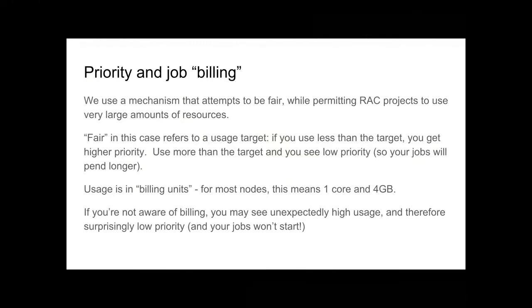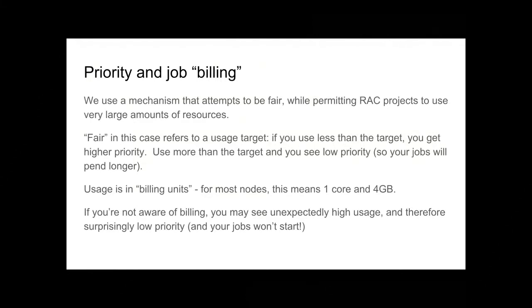Within Slurm, it's referred to as a billing unit, and we have our clusters set up so that on Graham and Cedar, for instance, the most common nodes have a billing unit that encompasses 1 core and 4 gigabytes. It's entirely possible to have jobs that use a lot of billing units.